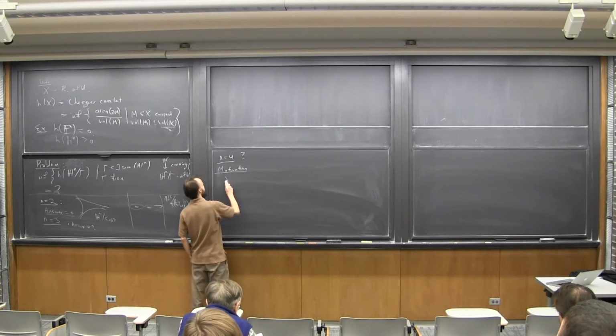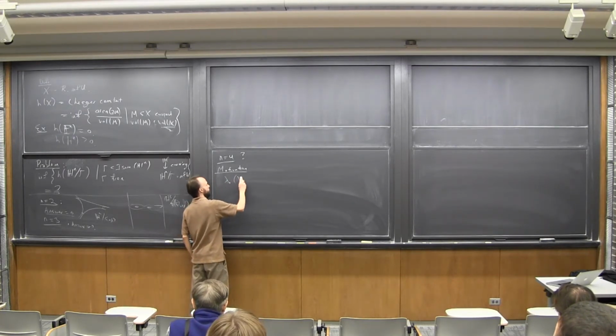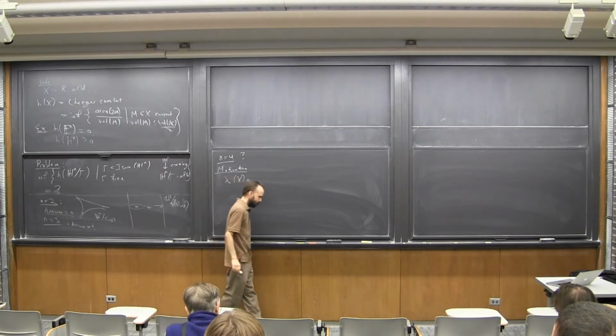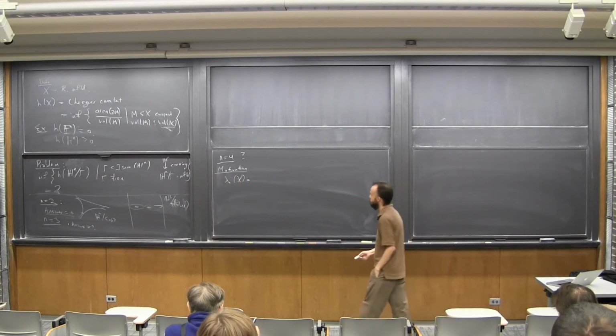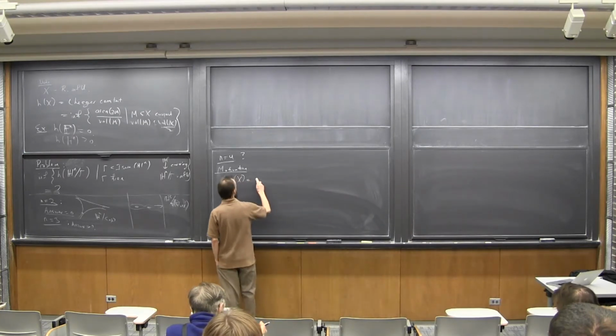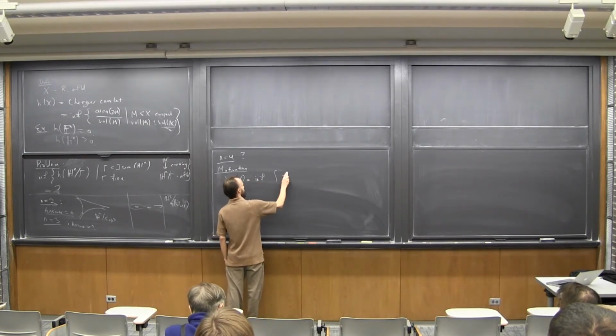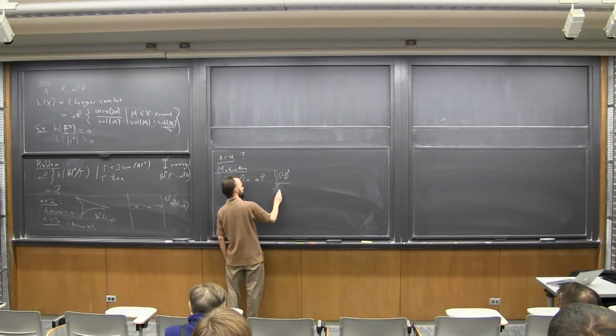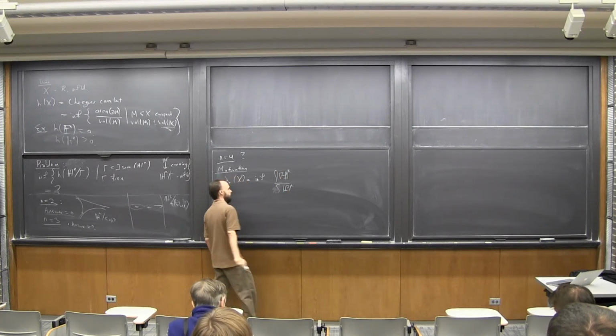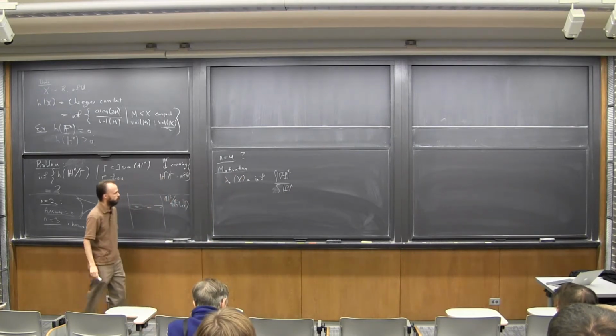Okay, so we could be interested in lambda 0. This is the bottom of the spectrum of the Laplacian. You could also define it by a variational principle.